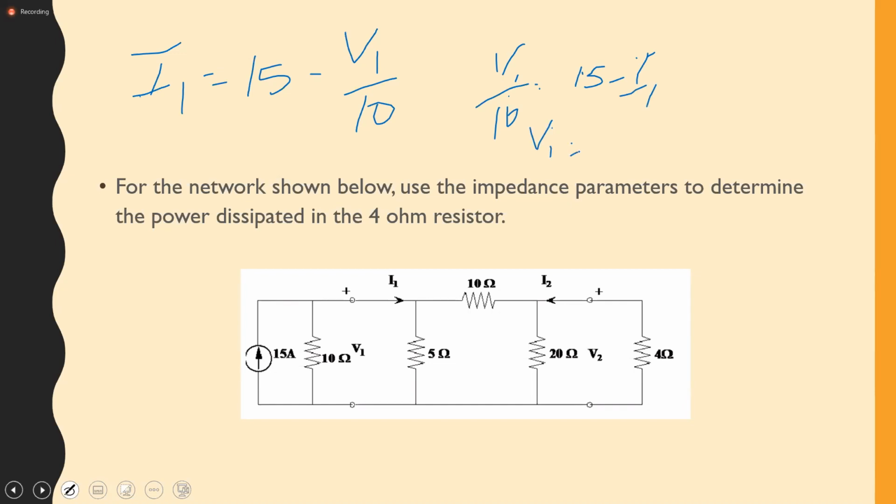So V1 is equal to 10 times (15 minus I1). All right. So now you can substitute for V1. Totally up to you.